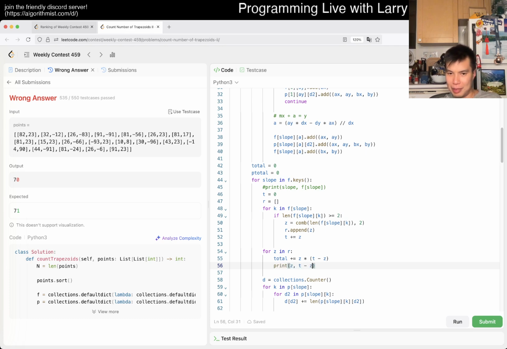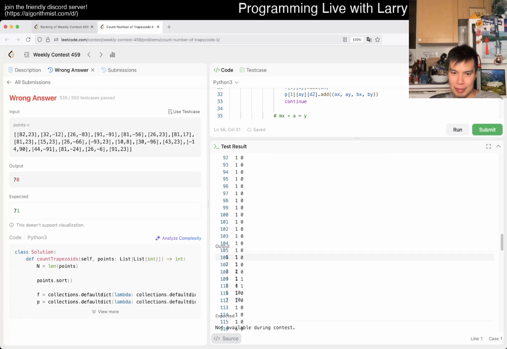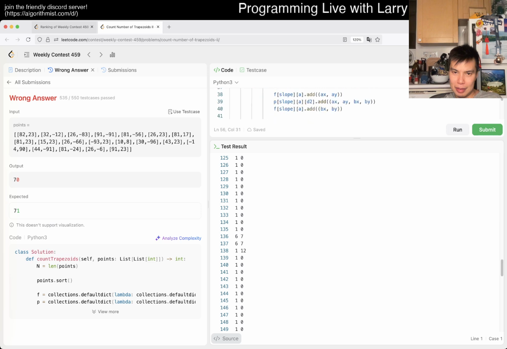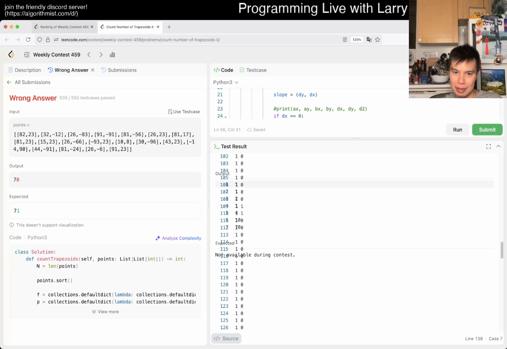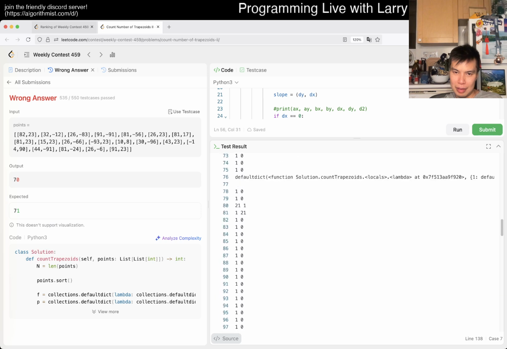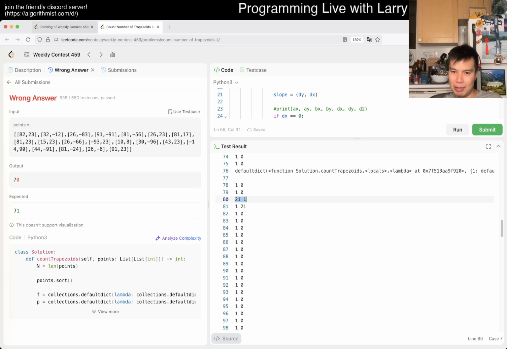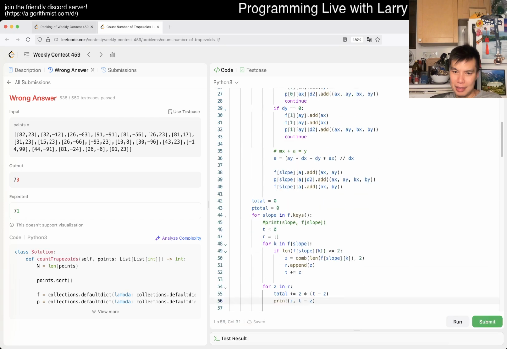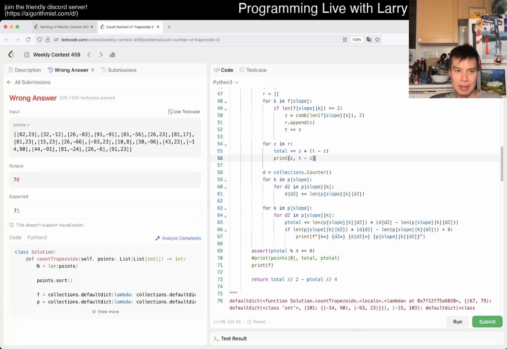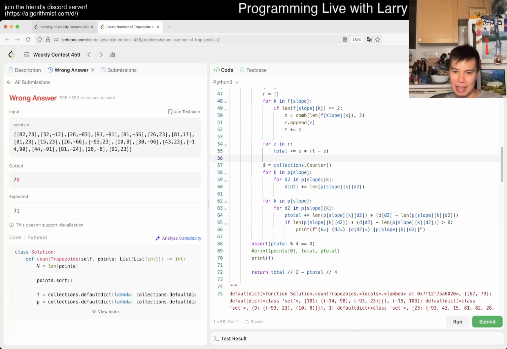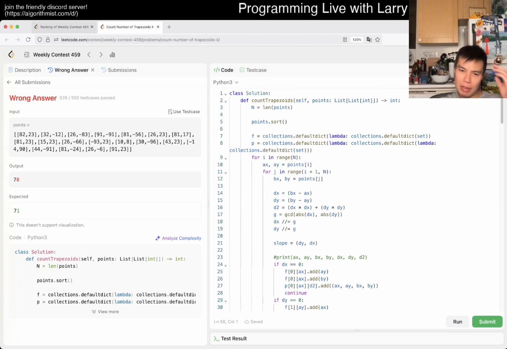I don't even know anymore. So there's just a lot of singular ones, except for this 12 thing and 21 of one thing. This is just so hard to debug without visualization and whatever. I don't even know how.